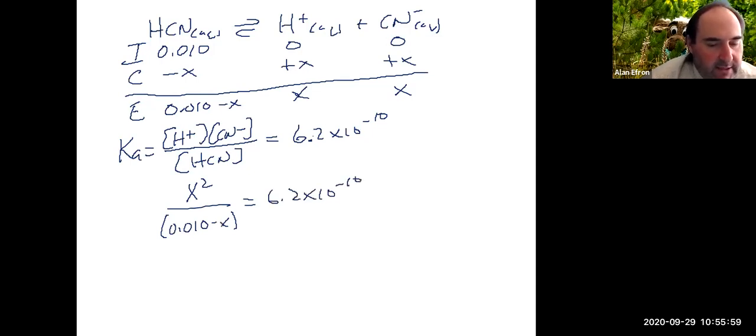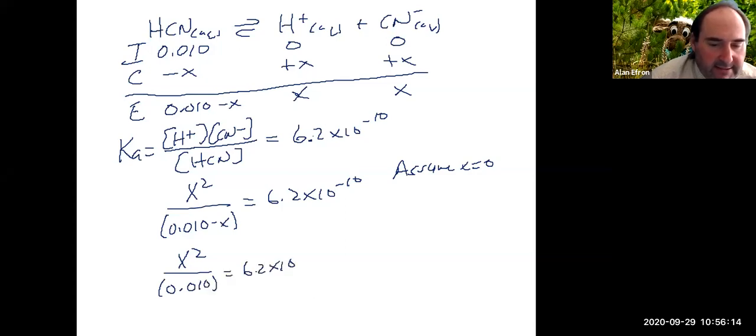It's a small K value here, so I'm going to give it the old college try and assume that x is equal to 0 in the denominator. That's going to give me x squared divided by 0.01 equals 6.2 times 10 to the minus 10. I'm going to multiply the bottom to the other side and also take the square root.